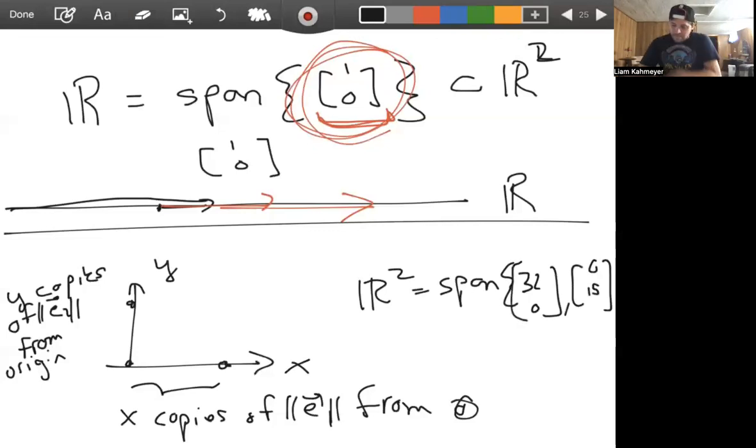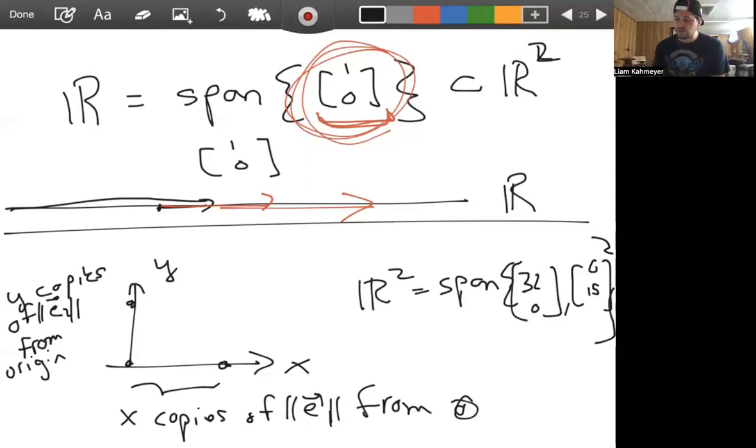Sure, this is linearly independent, and sure, it's orthogonal, but it's not orthonormal. So we have an orthogonal basis for this space, but that's really inconvenient because in one coordinate direction you have your units in terms of multiples of 32, but in the other you have units in terms of multiples of 15, and that's not convenient at all.